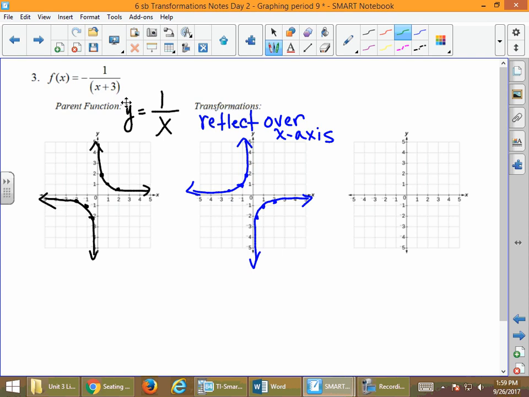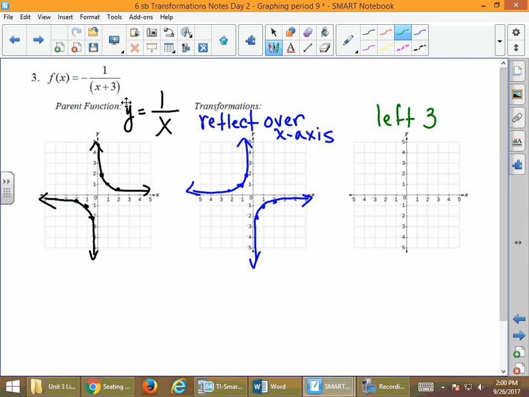Lastly on this one, the final transformation, there is a +3 inside the function. How do we move with a +3 inside the function? Well, we're going to end up going not right 3, but left 3.